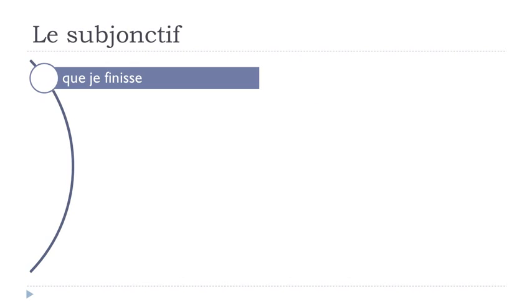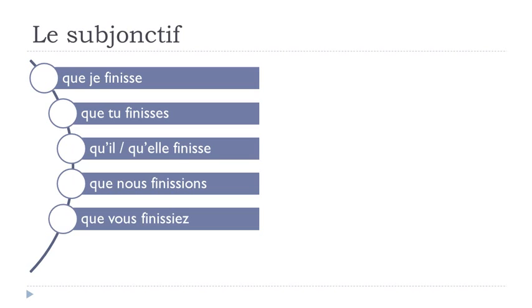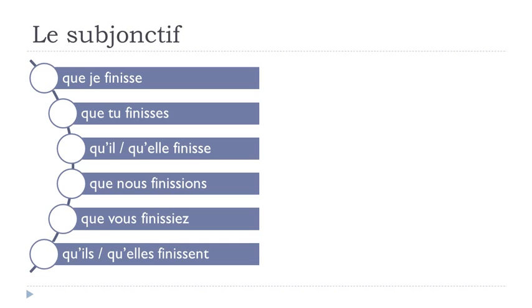Alright? So now let's see how it goes for the second group. Alright? So second group, I took the classic example, finir, to finish or to end. Que je finisse, que tu finisses, qu'il finisse, qu'elle finisse, que nous finissions, que vous finissiez, qu'il finisse, qu'elle finisse. Okay, so you can see that, well, you've got the endings es, ions, sorry, iez, ent. Alright?